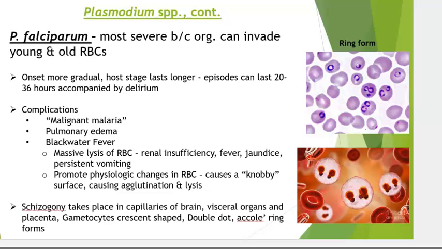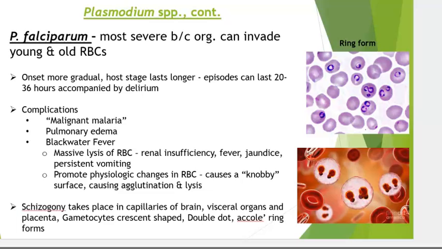It can cause pulmonary edema, meaning there's fluid in the lungs. It can cause blackwater fever, and symptoms of blackwater fever include hemolysis, hemoglobinuria, and renal failure. You can have mass lysis of the red blood cells, which causes renal insufficiency, fever, jaundice, and persistent vomiting.